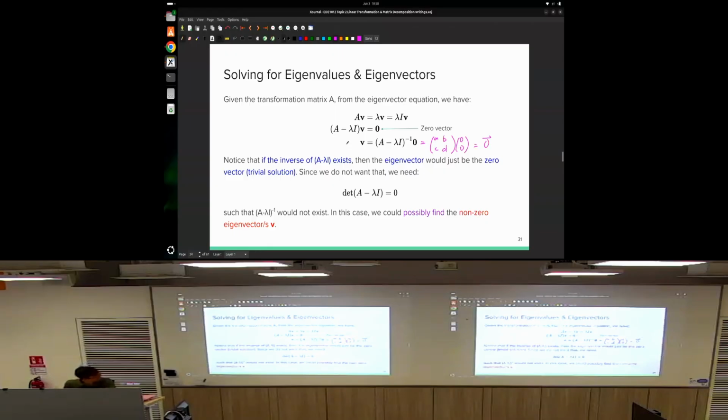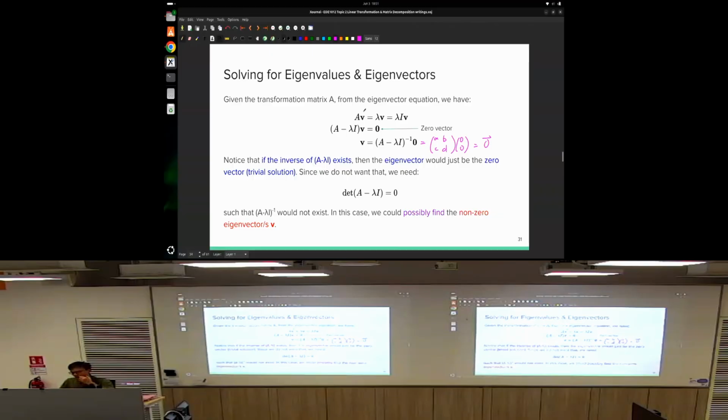Correct or not? So if (A minus lambda I) inverse exists, then we are in trouble. We will just get the zero vector as our eigenvector, which is a trivial solution. That is what you don't want, because obviously if you put in zero, it will satisfy. But what's the point? You want to get the non-zero eigenvectors. You don't want the trivial solution.